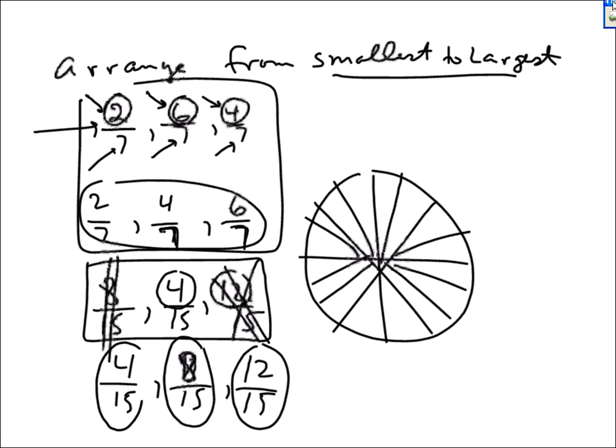And hopefully you didn't get the 4 out of 15. If the denominators are the same, the smallest fraction has the smallest numerator, the largest fraction has the largest. That is, just arrange the numerators in the order they tell you. Smallest to largest, largest to smallest. Whatever they say, you do.